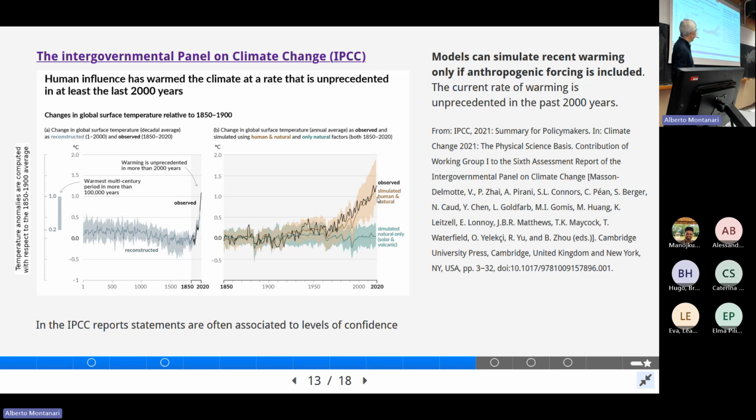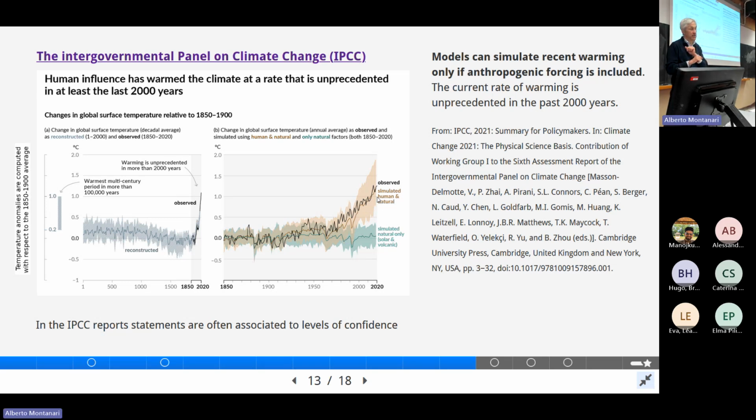Actually, this figure is the subject of debate in the scientific literature, because some scientists do not agree with this interpretation. They say that there are sources of uncertainty that make these bands larger. You see the two bands are well separated, the brown band is well distinguished from the green band.